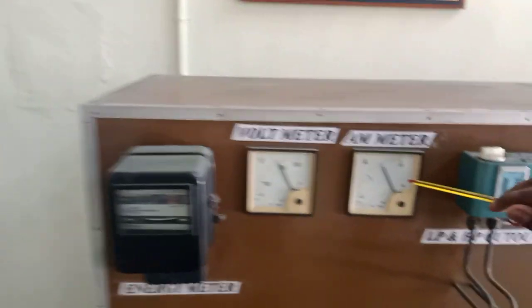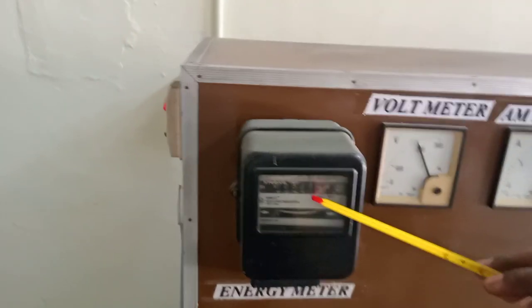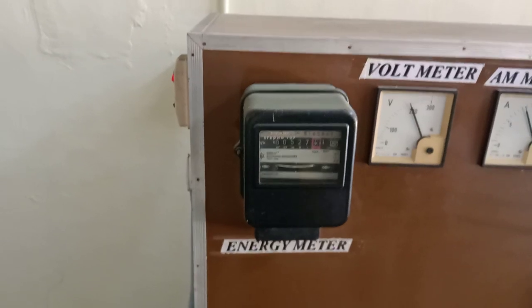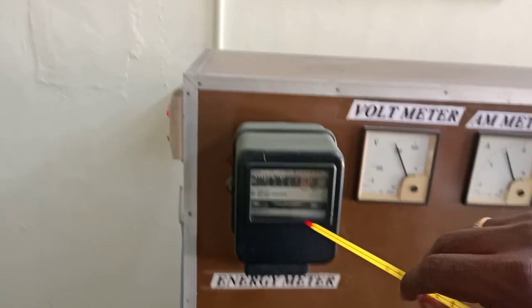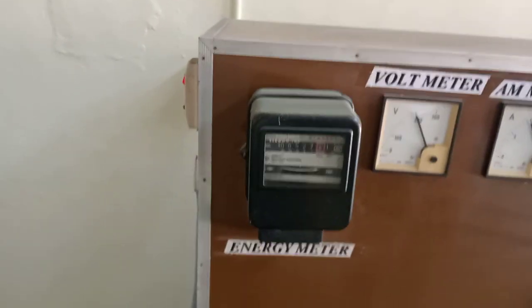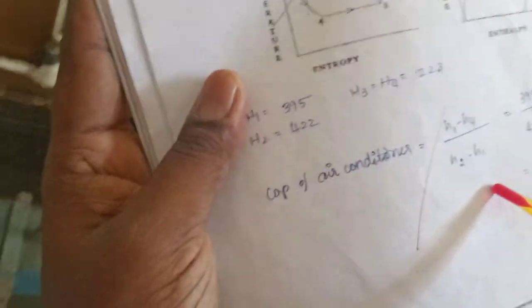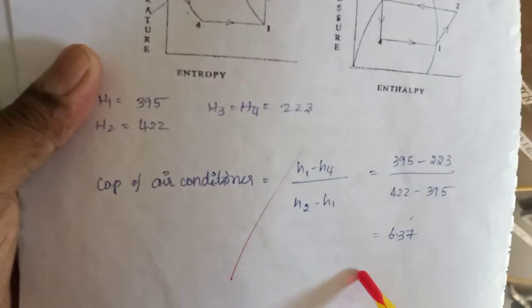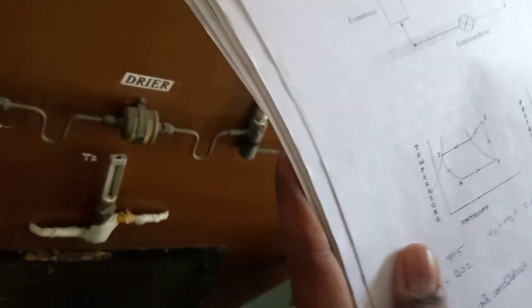Finally we take the voltmeter reading, ammeter reading, and energy meter reading. We will do the theoretical and actual COP from this formula, and the theoretical COP from this formula. Okay, thank you.